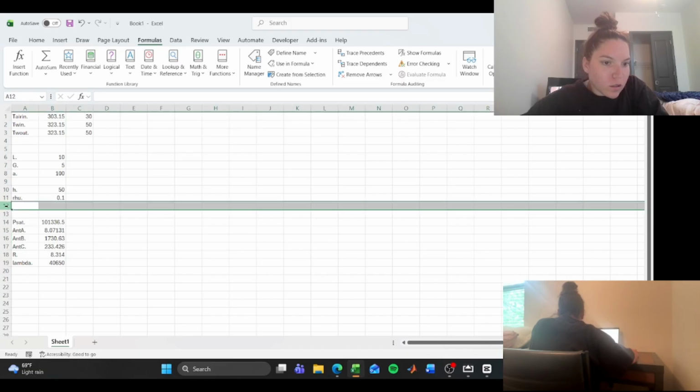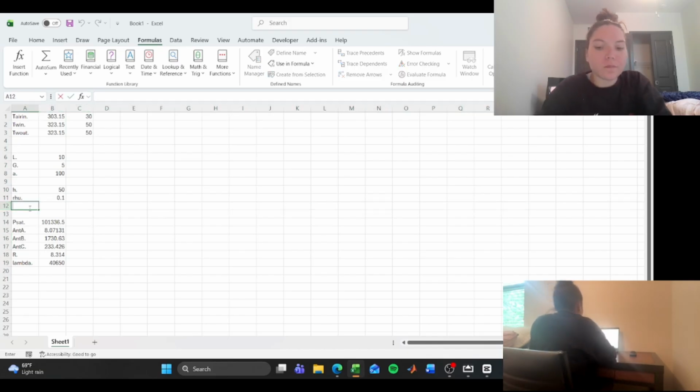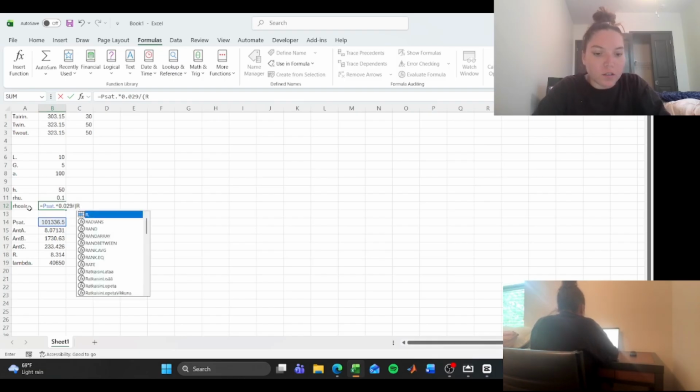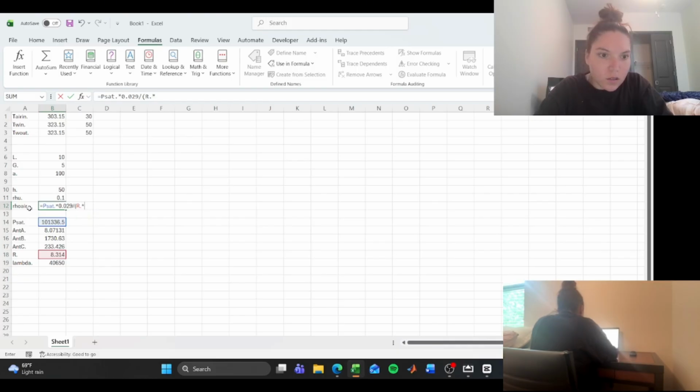We also need the density of air, so we can say rho air, and this is going to be equal to the saturated pressure times the molar mass of air divided by the ideal gas constant times the temperature of the air in.